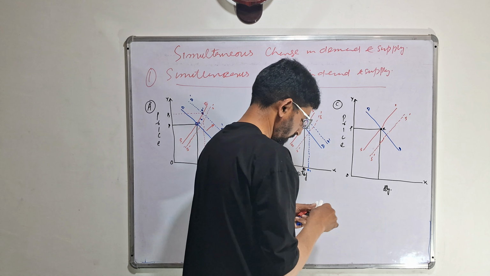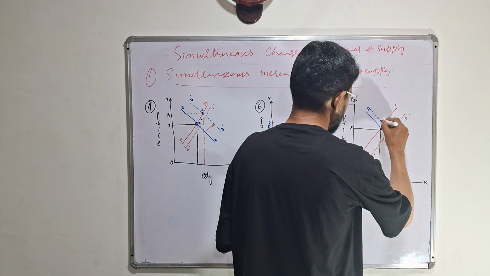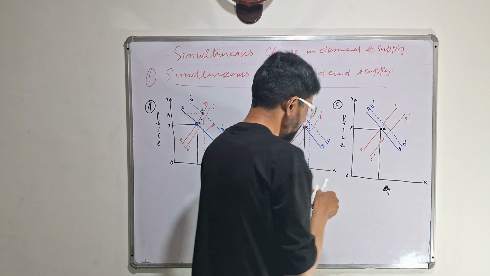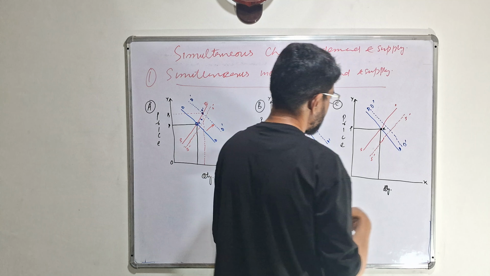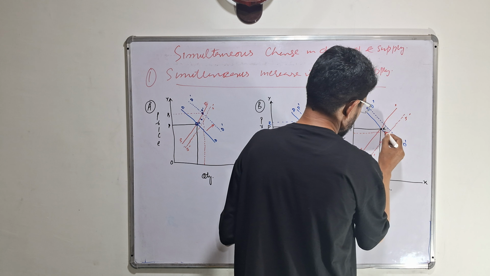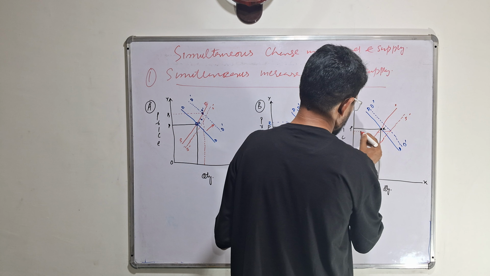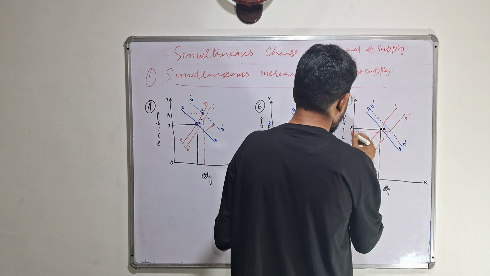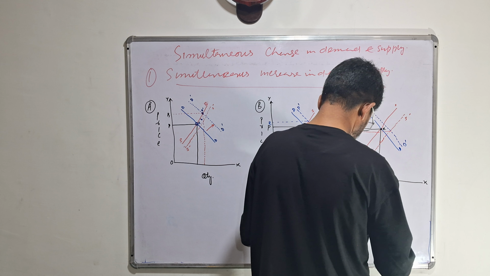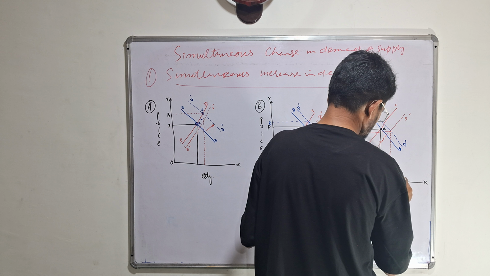Now the demand changes from DD to DD dash. This shows us E to P1 and Q to Q1.